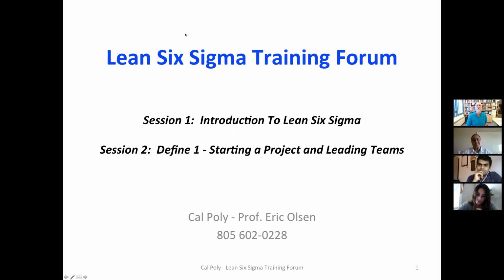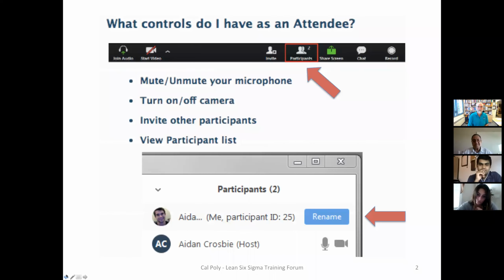Okay, hang on a second, I'm having a little trouble advancing slides here for some reason. Not sure exactly why. Oh, there we go. It turns out you have to hit the keyboard icon that's going in the right direction. So let's get reconfigured here a little bit.